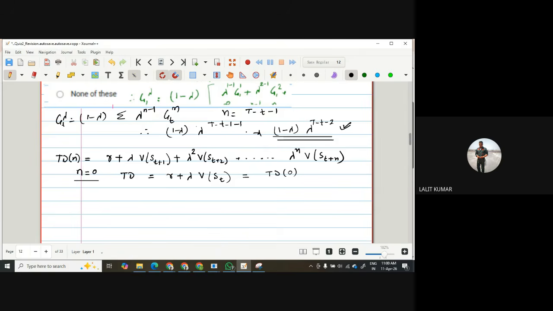See the formula for G_t^lambda. G_t^lambda is equal to (1 minus lambda) times the summation of lambda^(n-1), with n from 1 to infinity, of G_t^n. Now we know that when we have an episode, it does not go to infinity, it will terminate at some time.